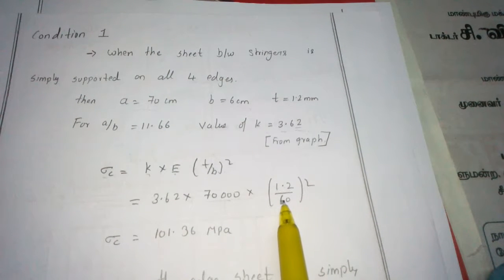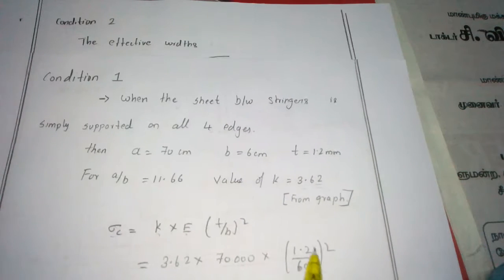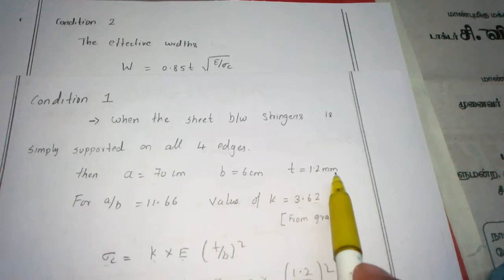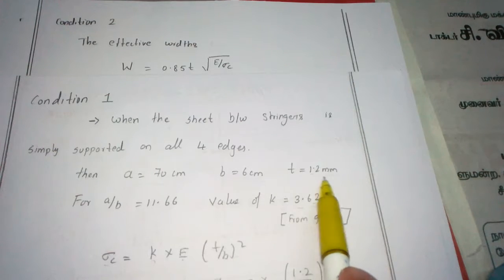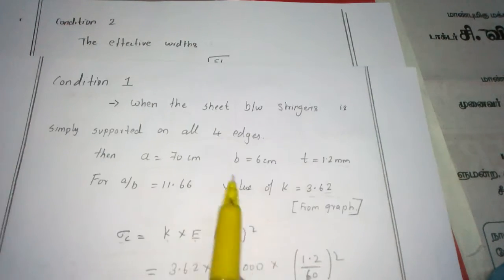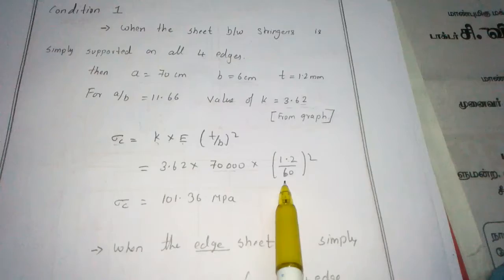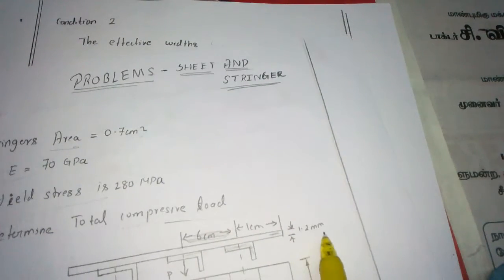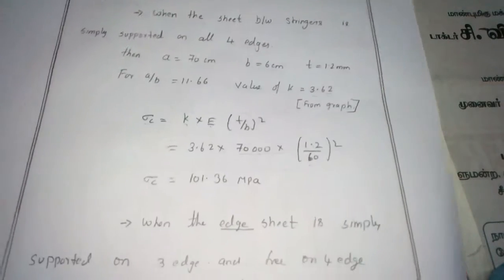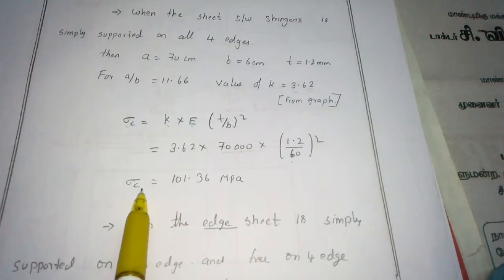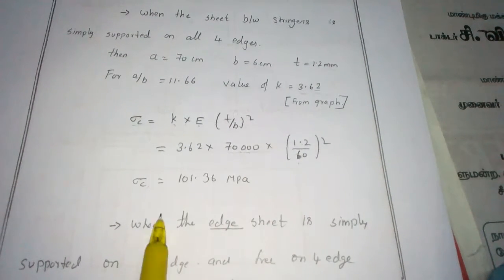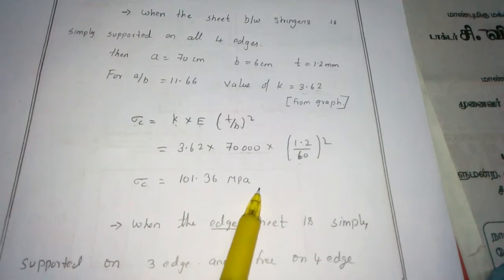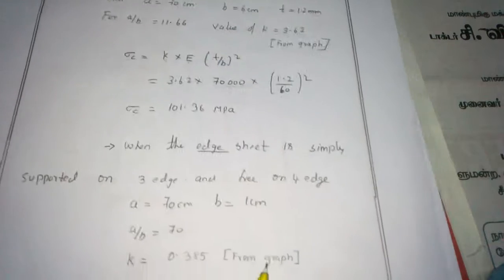T by B: here B is 6 centimeter, so we convert into mm by multiplying by 10, and we get 60. Thickness is 1.2 mm. After substituting all these, we get sigma C equal to 101.36 MPa.